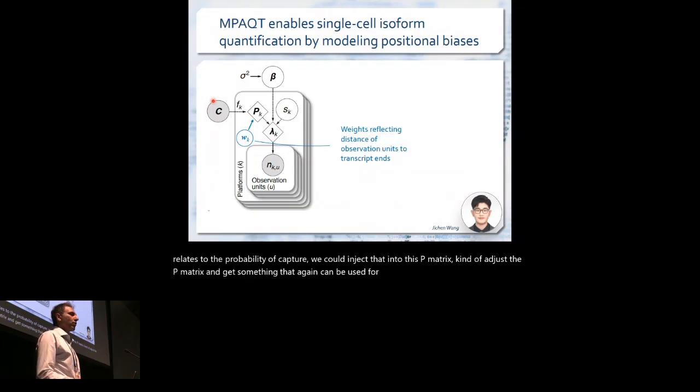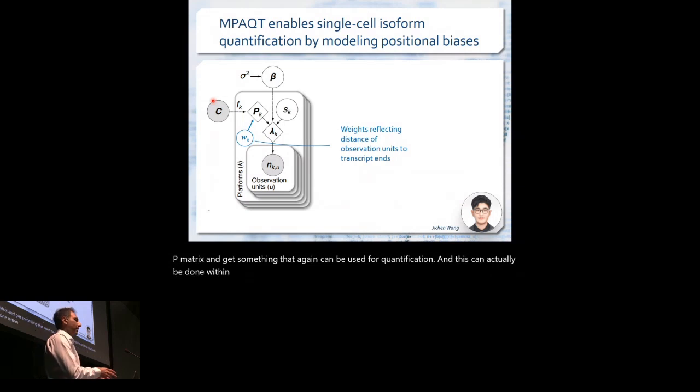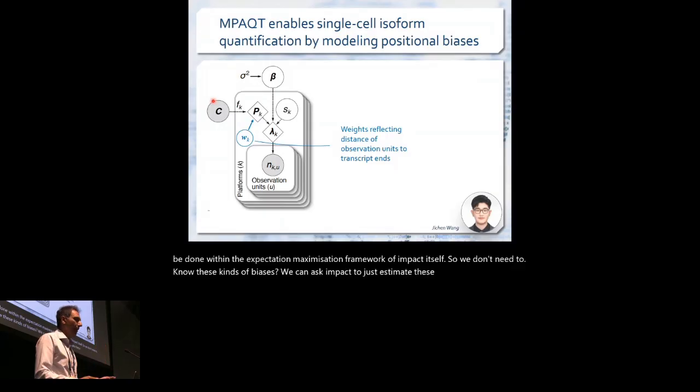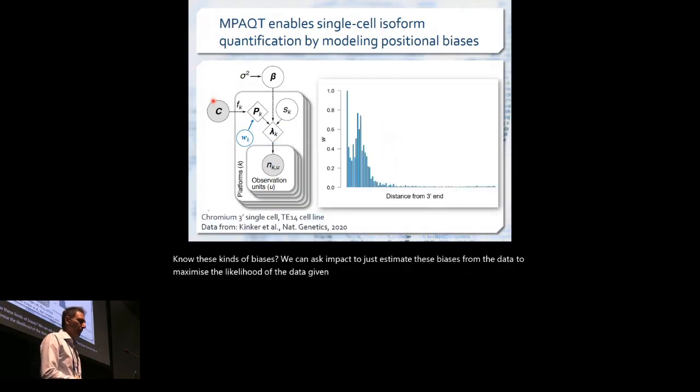And this can be done within the expectation maximization framework of MPACT itself, so we don't need to know these biases a priori. We can ask MPACT to just estimate these biases from the data to maximize the likelihood of the data given the model parameters.